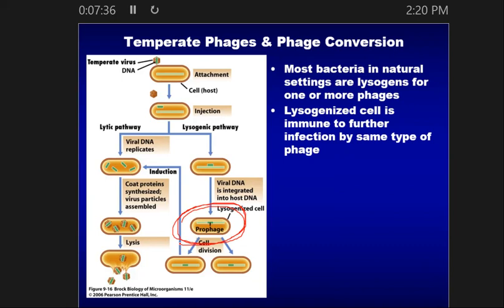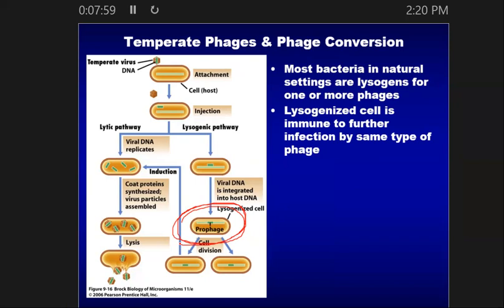So when it's inserted into the host DNA, it's quiet. It's not infecting the cell actively. And the cell isn't at immediate risk of death by true active viral infection.